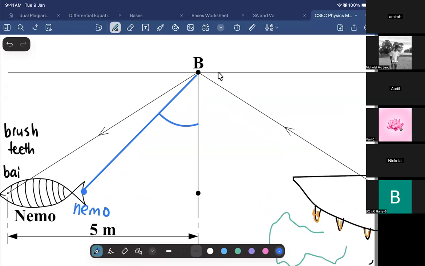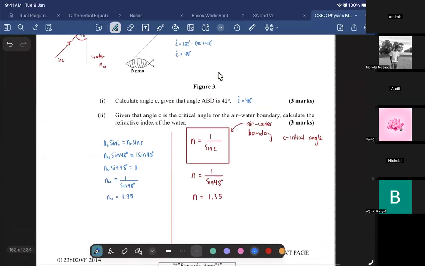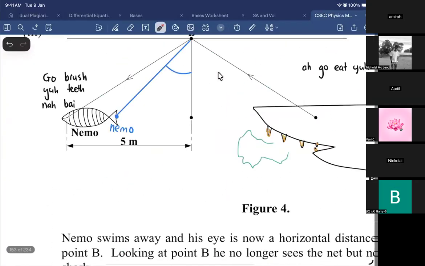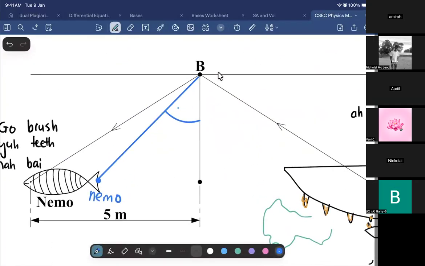Remind me from the last question. 90 degrees. That angle was the angle of refraction, and that angle was called the what? The critical angle. Guys, remember this is the critical angle. Anytime we go past the critical angle, what happens?